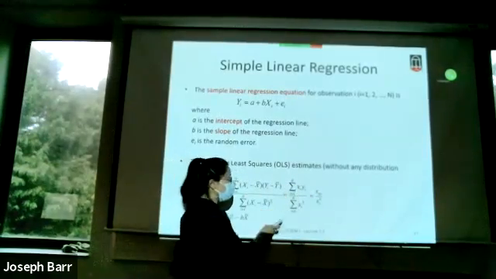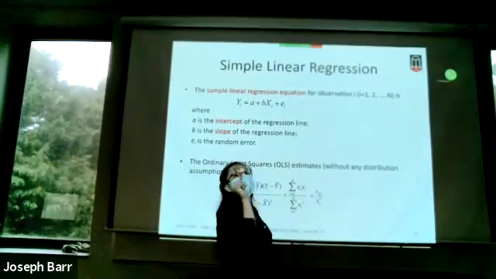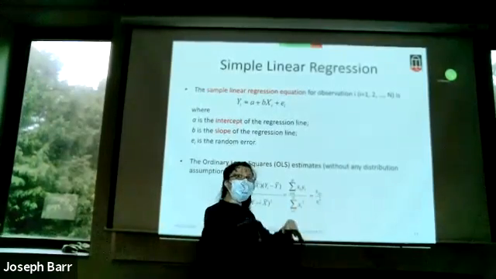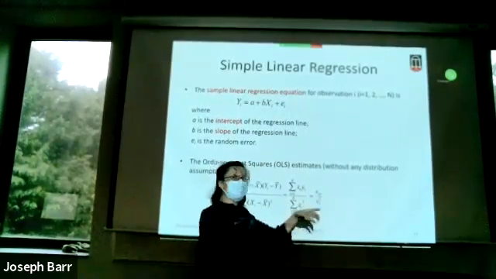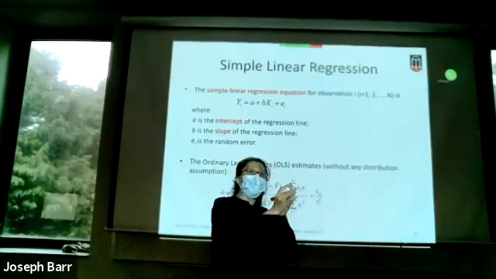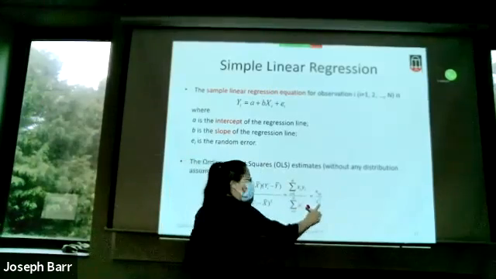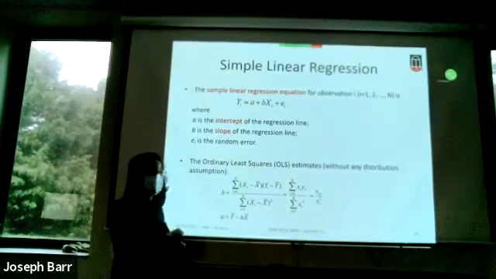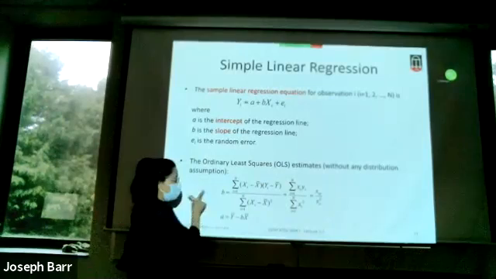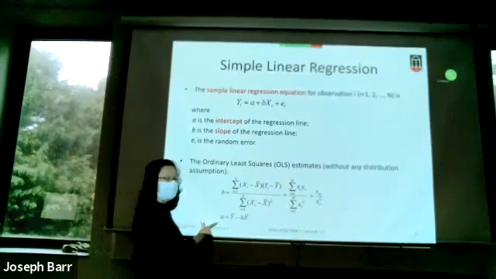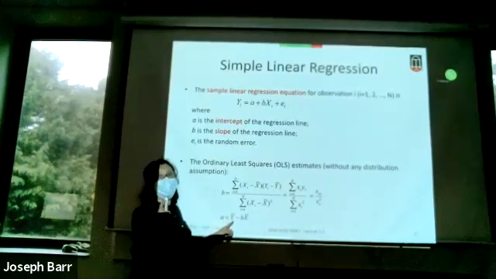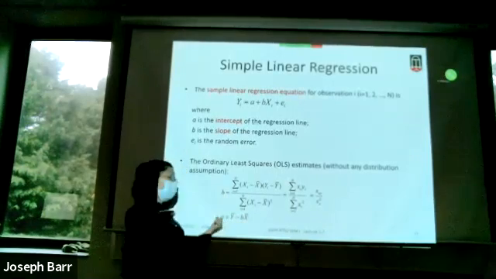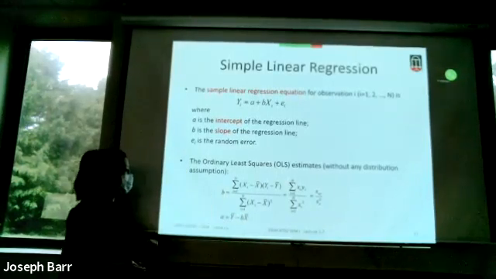The top part is the covariance between X and Y, and the bottom part is the variance of X. The covariance between X and Y divided by the variance of X is the estimate of the slope coefficient B. After you obtain B, you can also estimate A: it's the mean of Y, the dependent variable, minus B times the mean of X. So you have the A parameter.